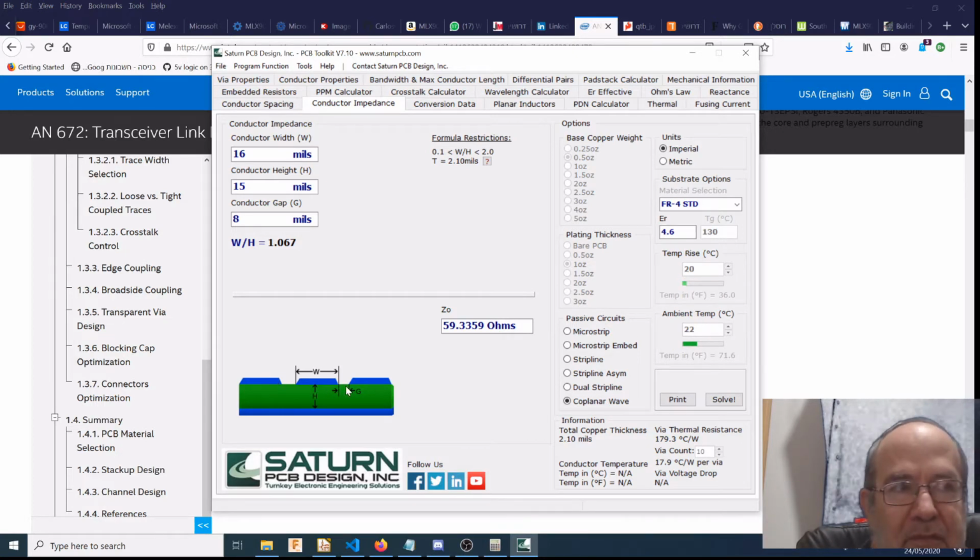You're going to have a bottom reference layer, your signal layer, and on both sides of the signal layer you're going to have two guard tracks. These guard tracks are going to create the 50 ohm.